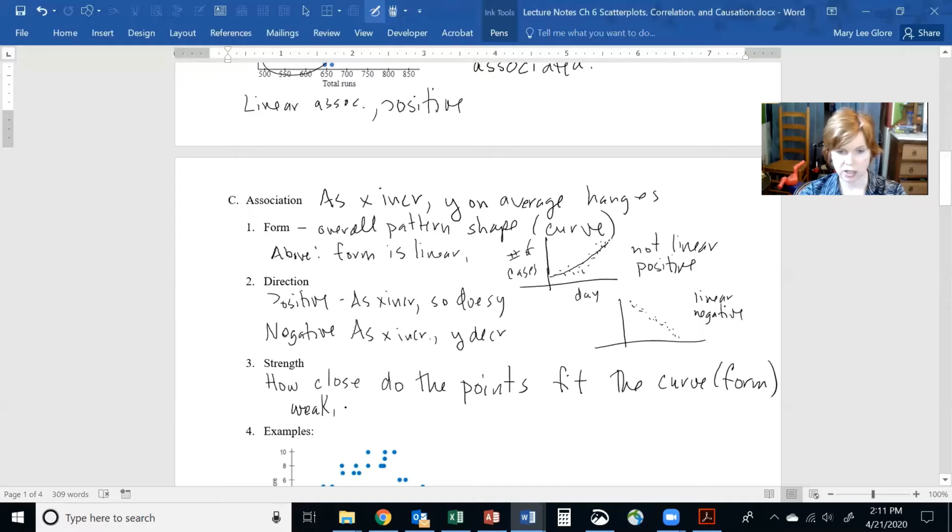Their strength is weak. Sometimes we have moderate, strong, very strong, and we'll talk about that more. This guy right here, that's very strong. The points are really close to the line. This one's pretty strong too. That's very strong also, because it fits the curve. It's not a line, but it fits the curve. So this is also very strong.